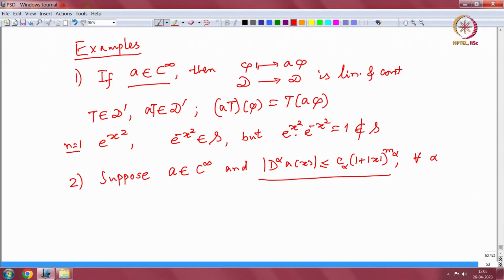Then you can verify that you can multiply any function by A. So this map, from S to S, is linear and continuous.